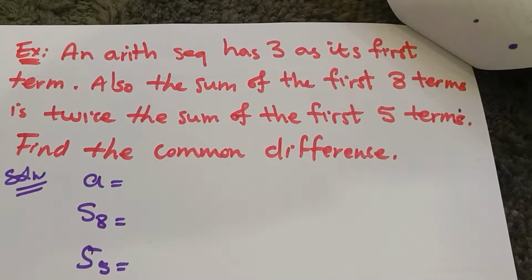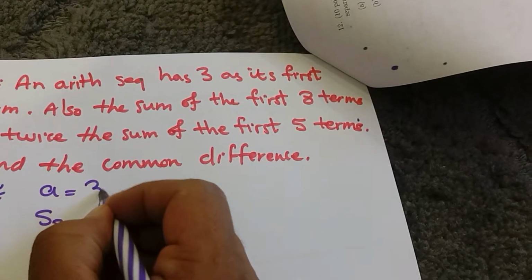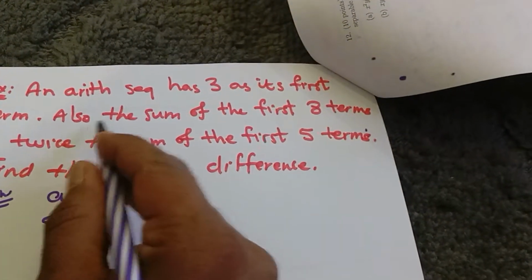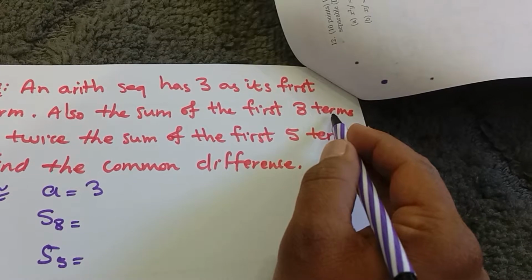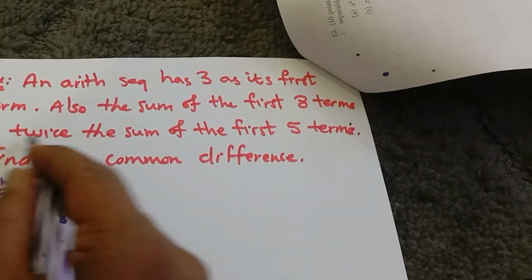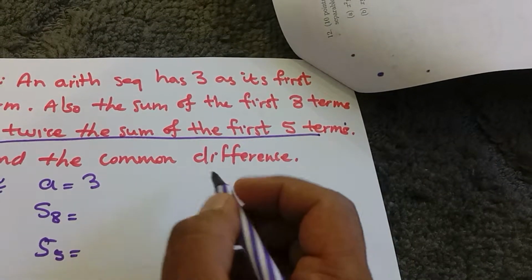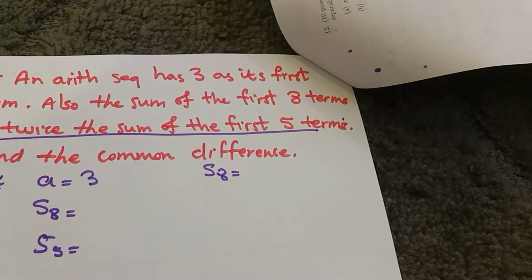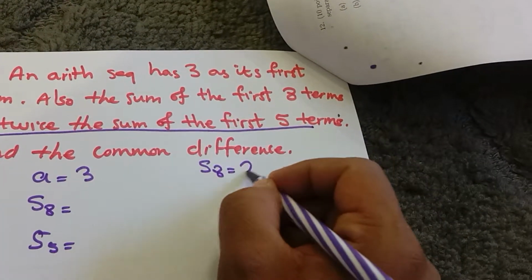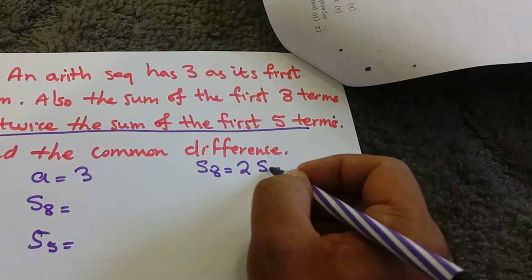An arithmetic sequence has 3 as its first term, so a equals 3. Also, the sum of the first 8 terms is twice the sum of the first 5 terms. So S8 is the sum for the 8 terms, equal to twice, which means 2 times, the sum of the first 5 terms.